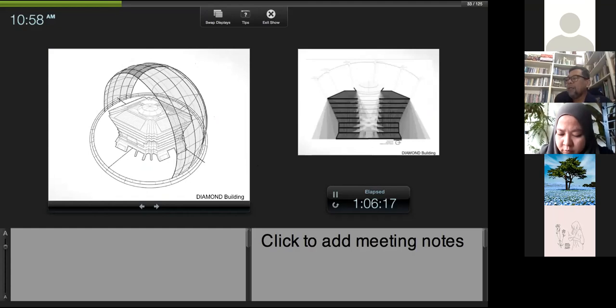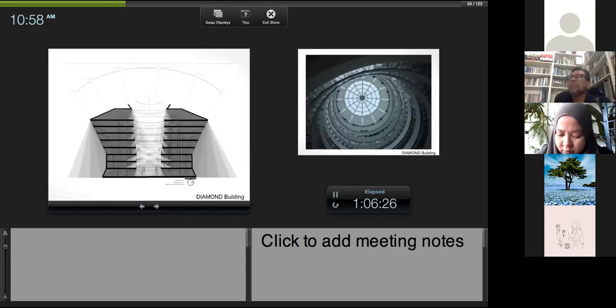So sebab itulah dalam diamond building yang kita bincang itu, dia punya analisis, dia come up akhirnya bangunan ini ialah bangunan self shading. Yang mana ini south, kita lihat bahawa south facing and north facing. Okey. Dia jadi macam diamond.